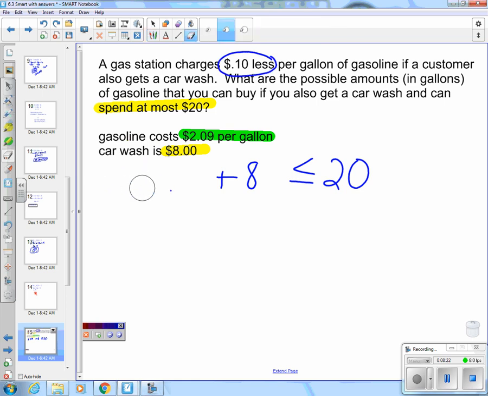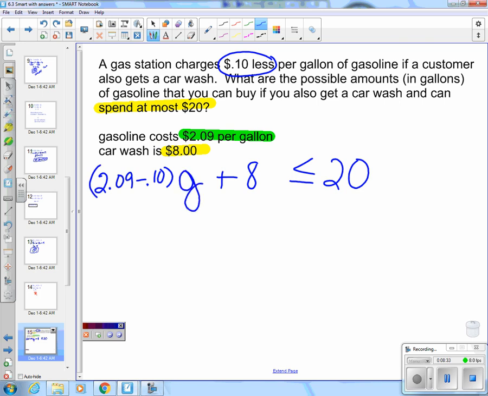So I need to look at this as $2.09 minus that 10 cents times the number of gallons that I'm buying. So we're really looking at $1.99 times the number of gallons plus 8 less than or equal to 20.